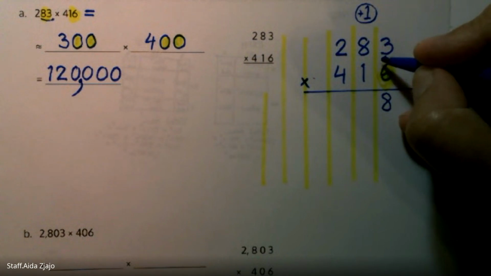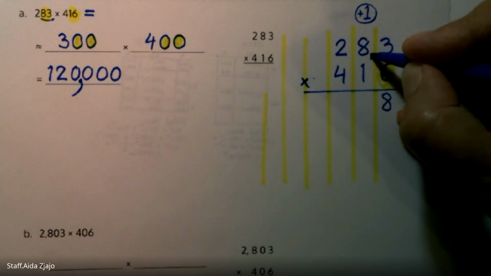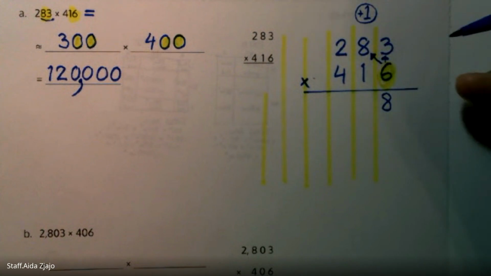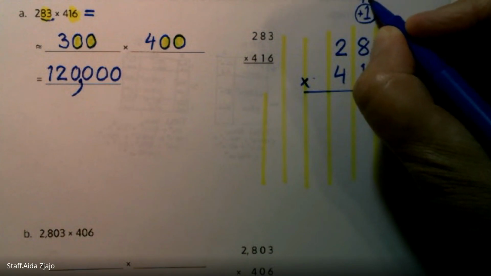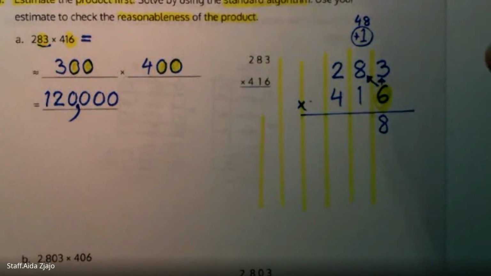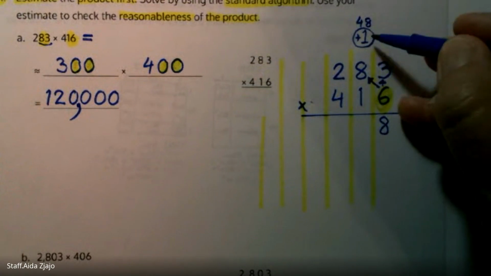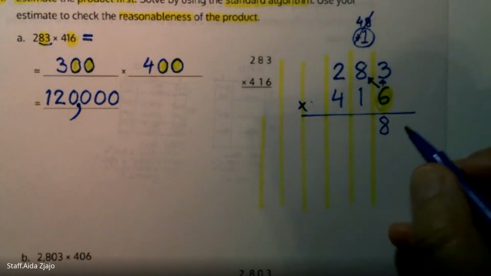Now I'm going to do 6 times 8 or 8 times 6. 6 times 8 is 48, and I already had 1, so that will be 49.